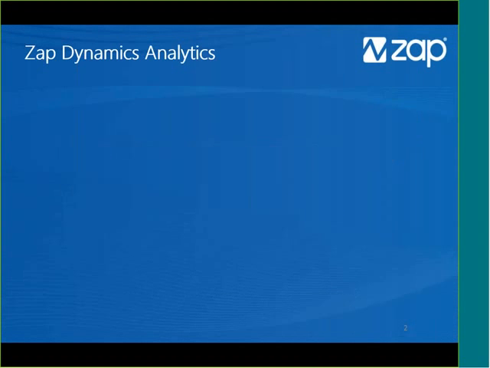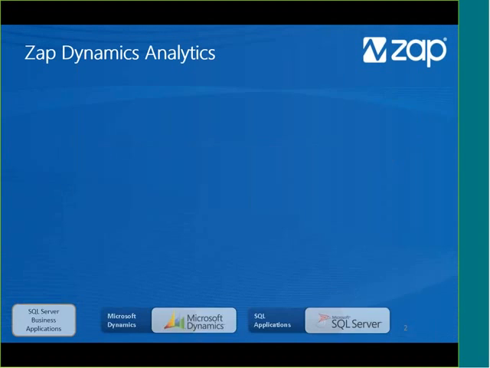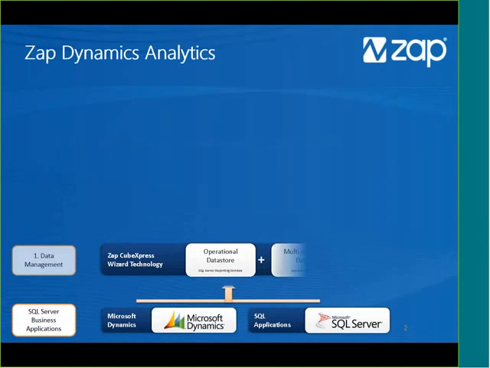Getting straight into it, when we talk about Zap's analytics solution for Microsoft Dynamics, we're really starting with the foundation, the investment that you've made in either Dynamics CRM, NAV, or AX. Built on top of that is our Cube Express platform, the first of the few different elements that represent the total analytical solution.